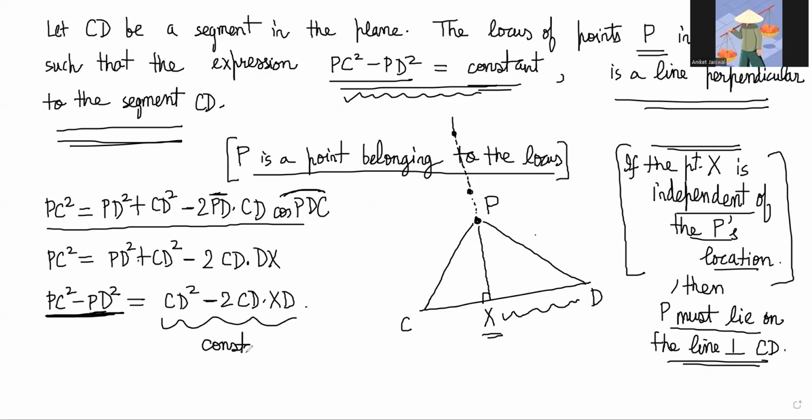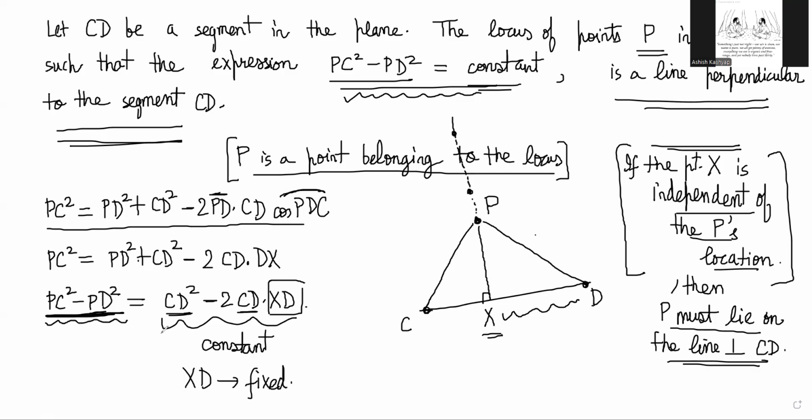And CD is anyway a given line segment, so that is constant, right? So this also must be constant. XD distance must be fixed then, regardless of the position of P, right? Which means X is fixed, because CD was fixed.